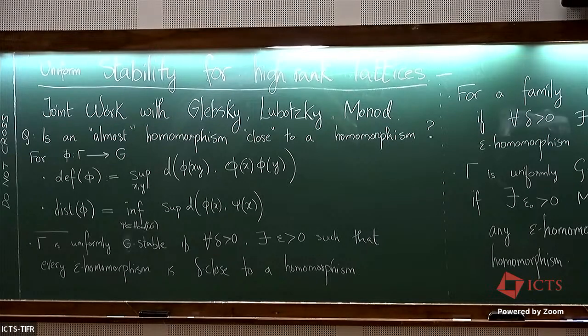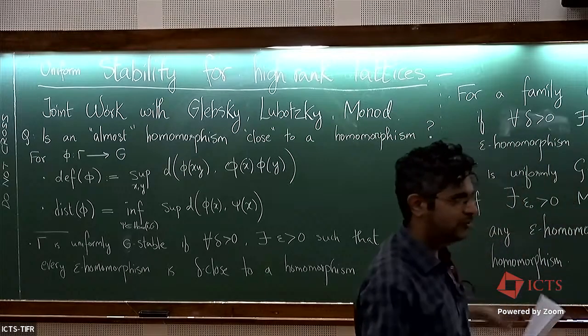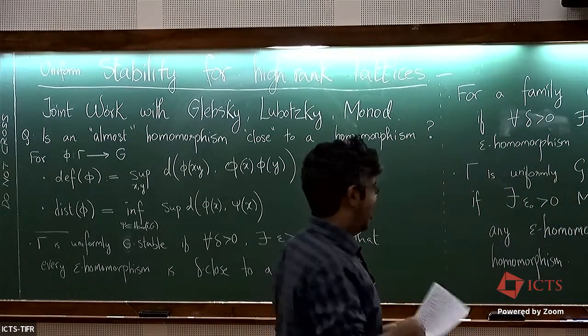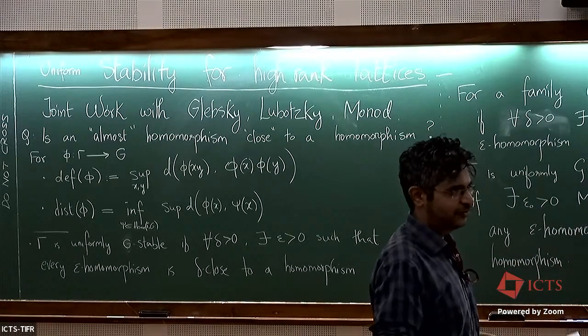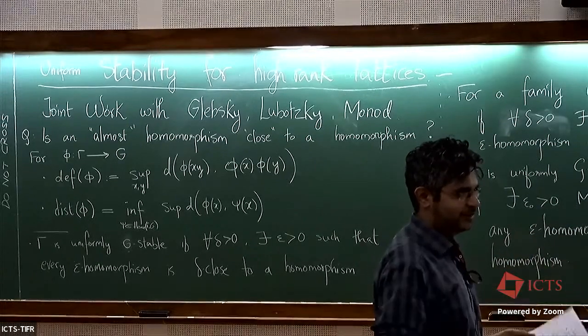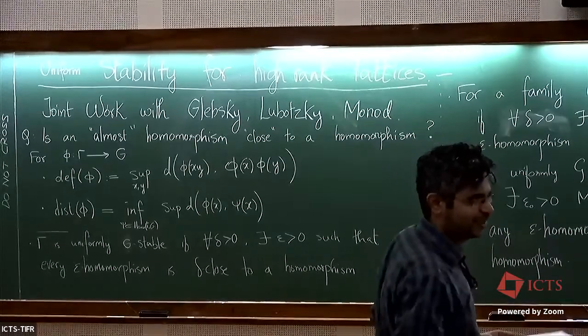I don't know about natural, in the sense that often this is a question of error. For instance, in computer science, it's like error correcting codes. There's some corruption, and you're asking if that corruption can be corrected to get a true one, close. So I think that's a better way of thinking about this rather than an almost homomorphism arising. But we'll see examples of some clever constructions where it's not close to a homomorphism.